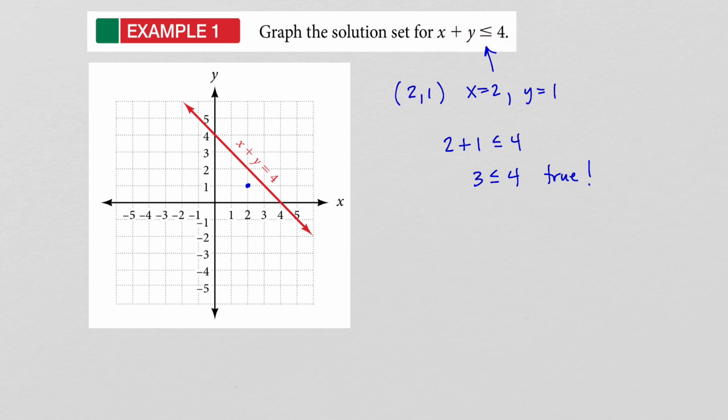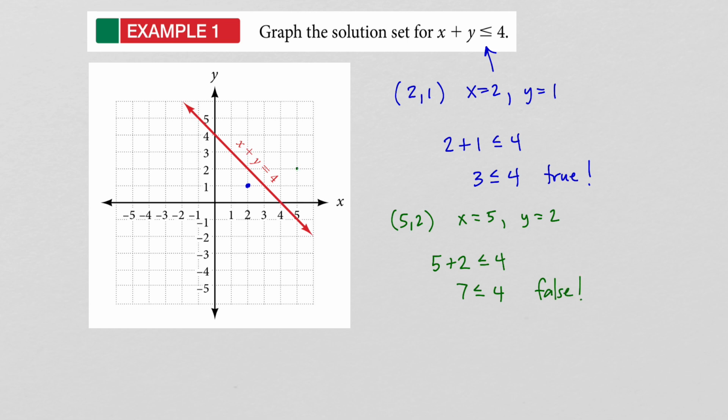Now, let's also notice that the point (5, 2) does not satisfy this inequality. If x equals 5 and y equals 2, if you plug that in, you get 5 plus 2 is less than or equal to 4, which says 7 is less than or equal to 4, and this is false.